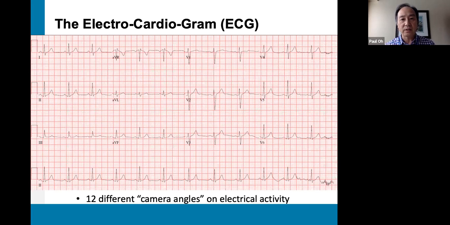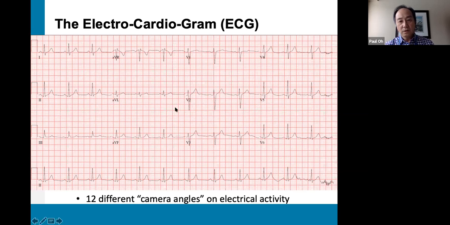Think of the electrocardiogram as a bunch of camera angles on electrical signals. Imagine if we could position 12 different cameras on your chest and watch the electrical beats as they move along. If I start at the bottom here, this is called the rhythm strip that is typical on electrocardiogram. And then each of these Roman numerals and letter symbols denotes a different camera angle. 1, 2, and 3 are different pictures from the front of the heart and from our arm angles.